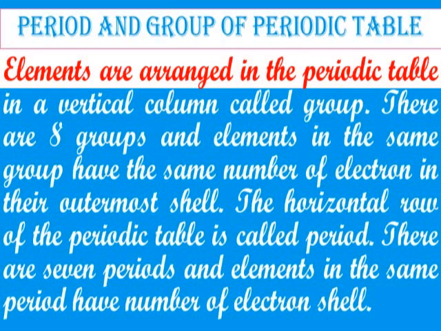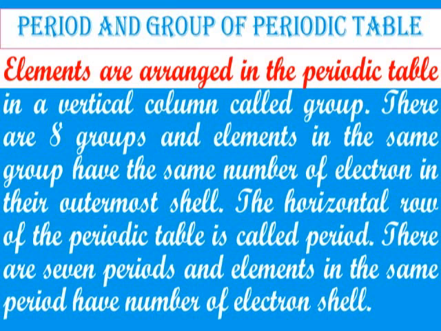There are 8 groups, and elements in the same group have the same number of electrons in their outermost shell. The horizontal rows of the periodic table are called periods. There are 7 periods, and elements in the same period have the same number of shells.